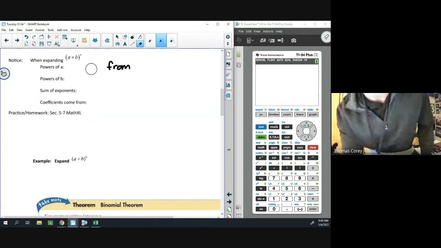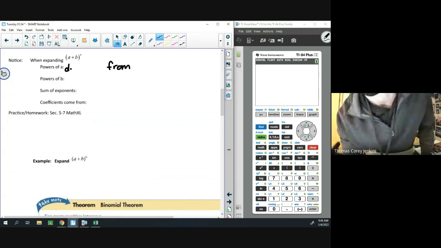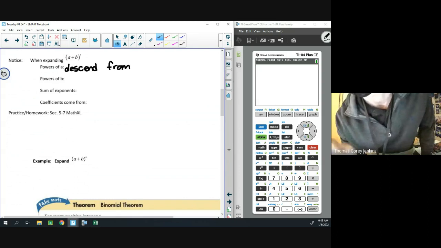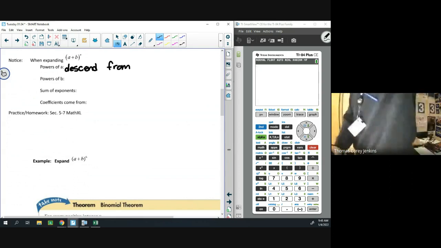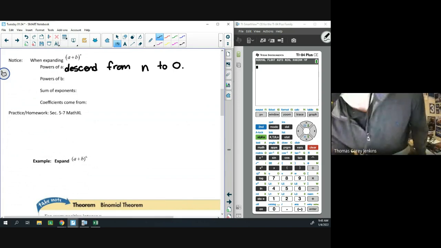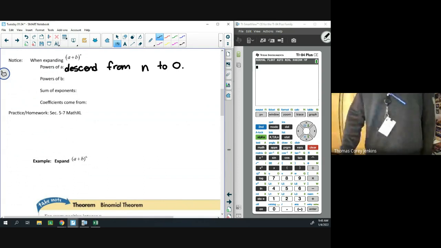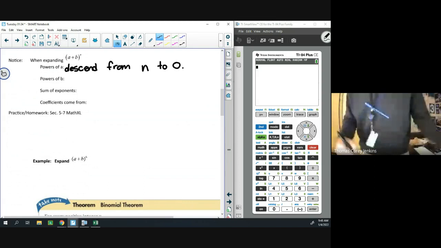They're going to descend. The next one ascends. Sorry about that. Powers of a are going to descend from whatever your exponent is, in this case n, to 0. Powers of b, which is your second term of your binomial, are going to ascend from 0 to n.